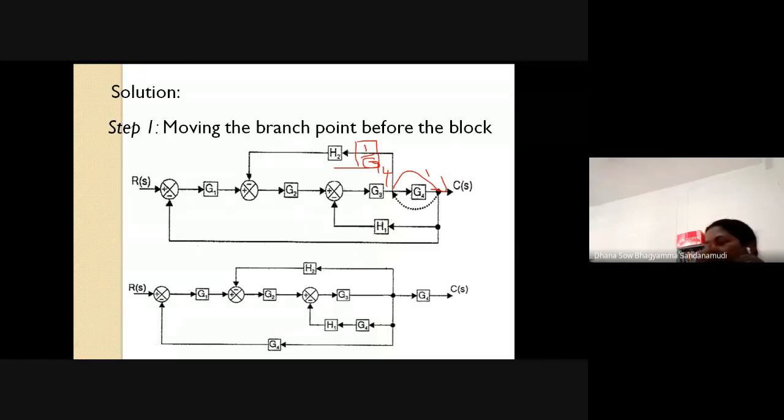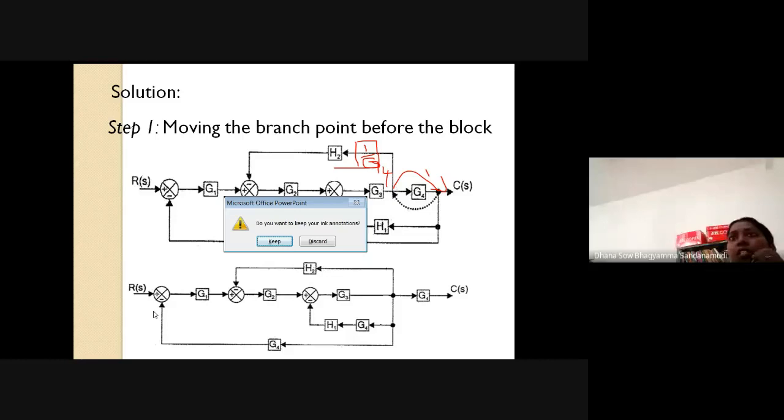If you remember the rules, you can quickly write it down. But I have not done this. I didn't move this branch point ahead of G4, so this will not come. I have done something else, which you can see on the slide.